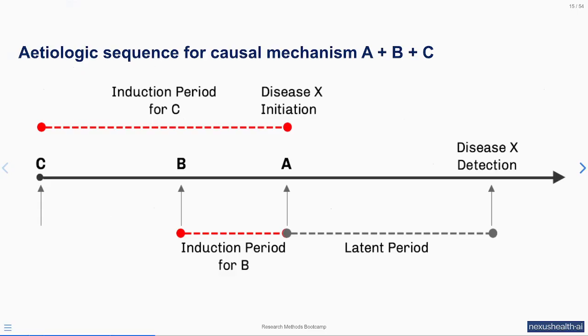So we are screening to be able to detect disease X as early as possible. And so better screening tools will detect it as early or as close to the point of initiation as possible. And then once disease X is now present and detected, we will now be talking about tertiary prevention. So you see how all these concepts tie together and work together.